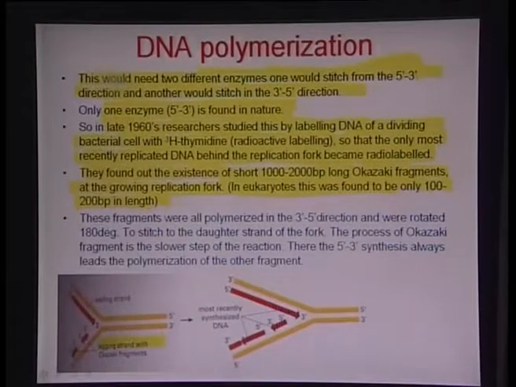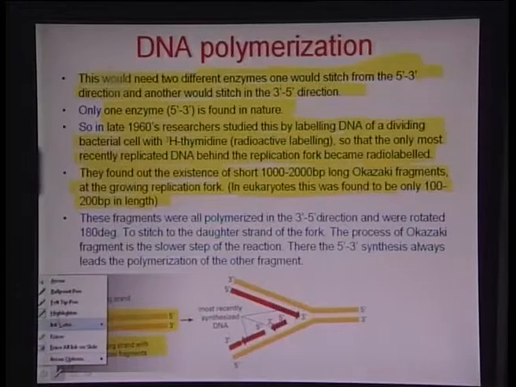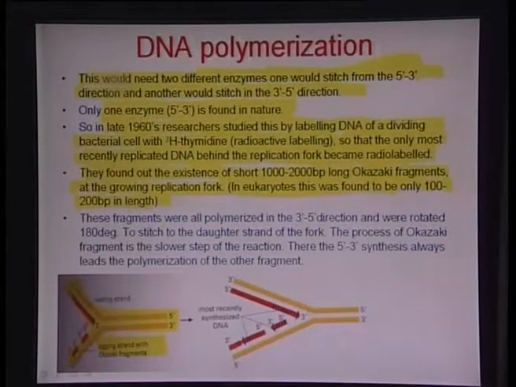So if you see this particular example, this is the fork which is radio labeled, and this is the DNA which is radio labeled, and it is opening up as a fork, and slowly one portion is getting replicated from the 5' to 3' direction, which is perfectly okay. For the other portion getting replicated from the 3' to 5', the replication actually happens in the reverse direction, okay, it happens in the 5' to 3' direction.